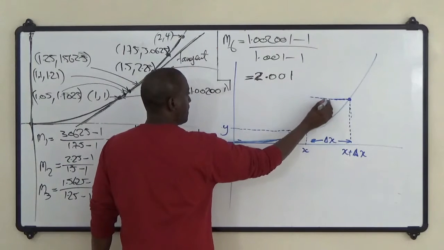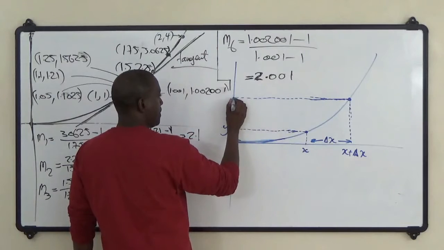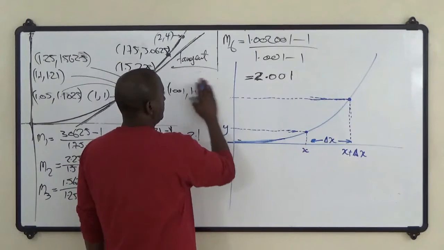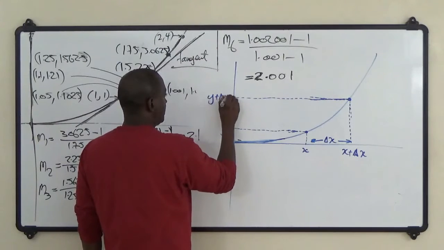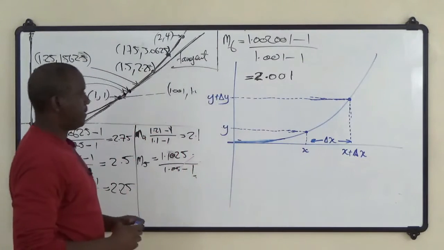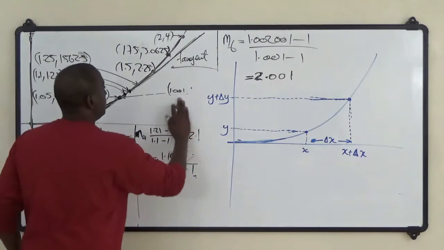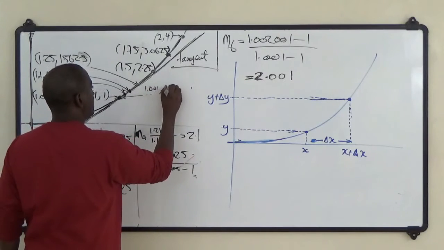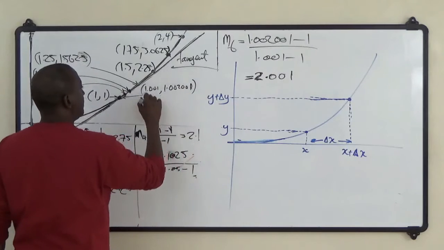This here will be the point y plus delta y. All right? So let's see how nice the maths is starting to get now. This is the point 1.001, 1.002001. All right?